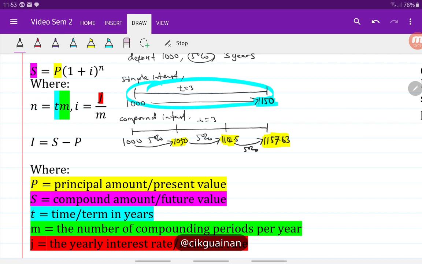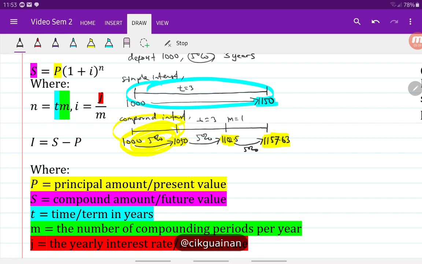For every year, how many times is the interest calculated? In our example here, every year we calculate it once, so the M is 1.